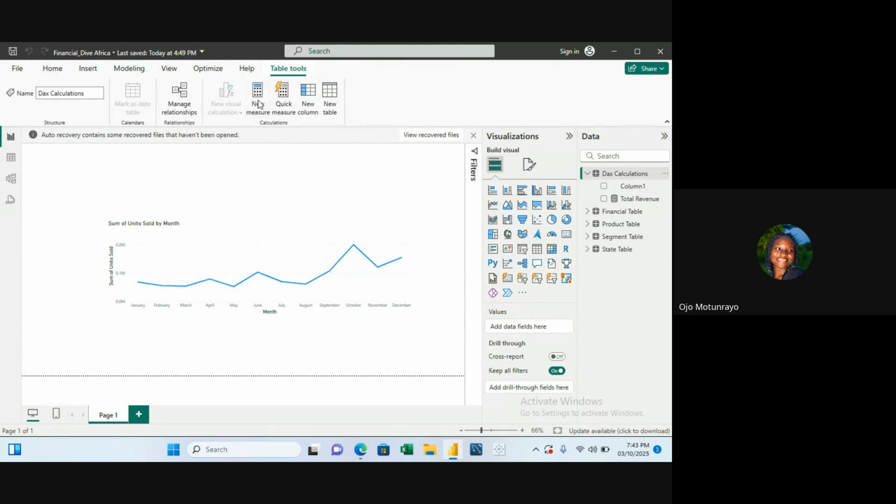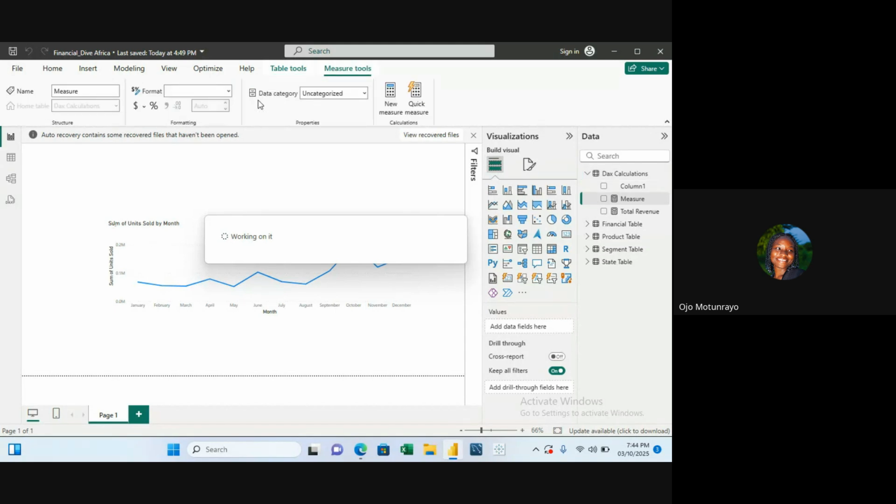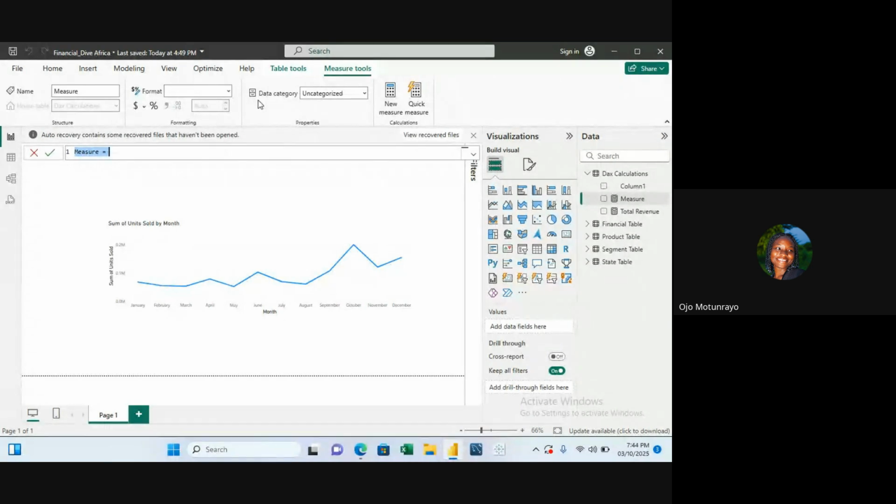Let's click on our DAX calculation again and create another new measure. The next thing we are creating now is total units sold. How do we calculate total units sold? This is very essential for tracking volume, because we want to know what has been dispensed outside, what we've sold. So it's a sum of the financial table, units sold.